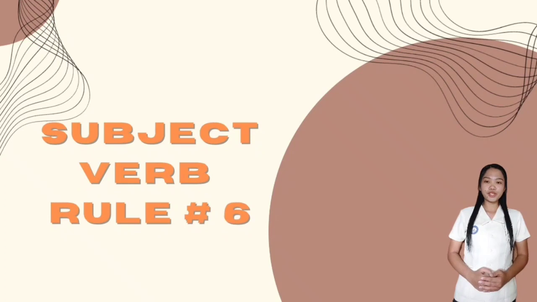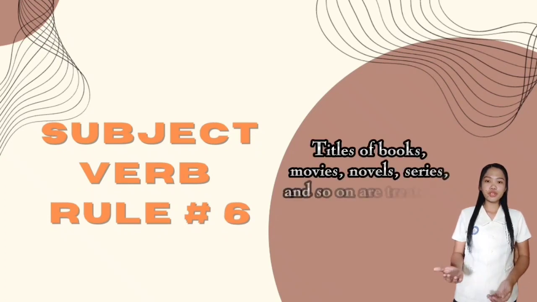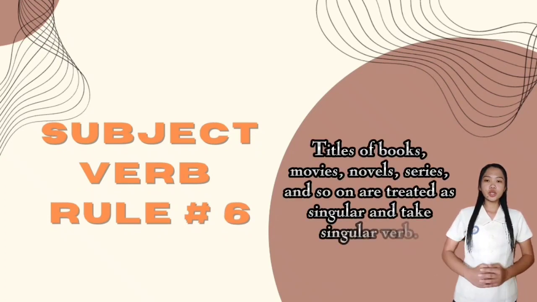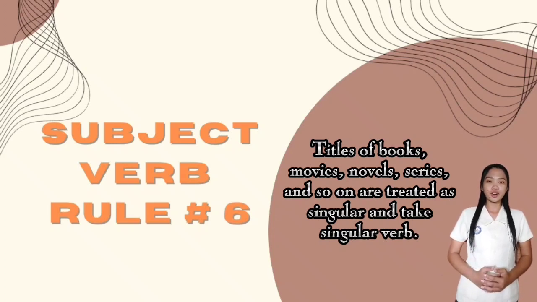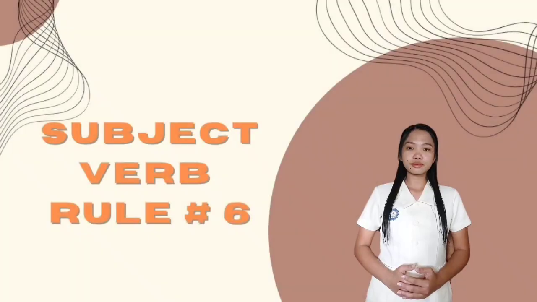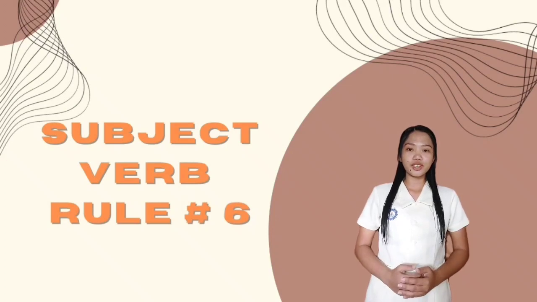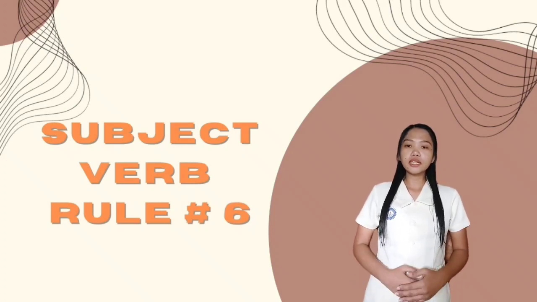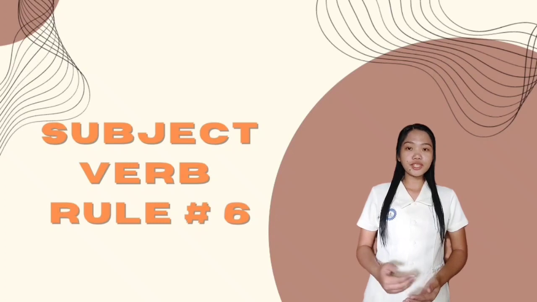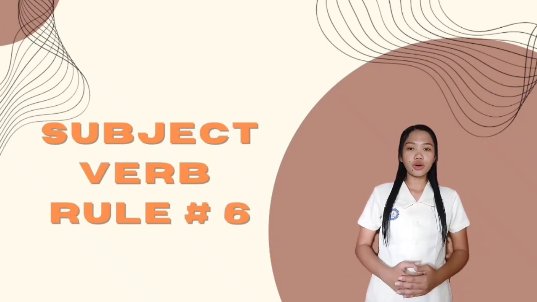Subject-verb rule number 6. Titles of books, movies, novels, series, and so on are treated as singular and take a singular verb. So in this rule, it only takes a singular subject that always takes a singular verb. Probably, the titles of books, movies, novels, series, and so on are considered to be used as the subject for this rule.